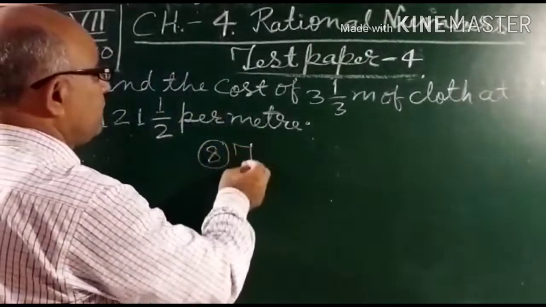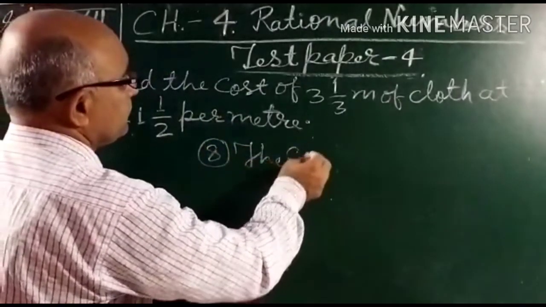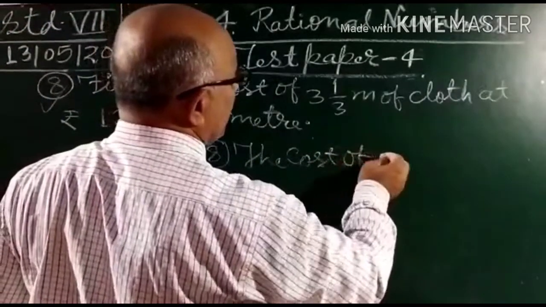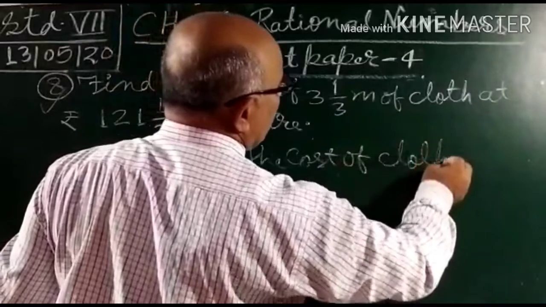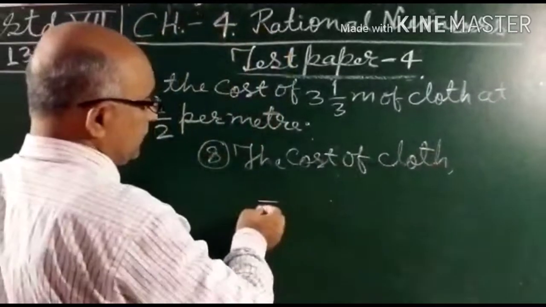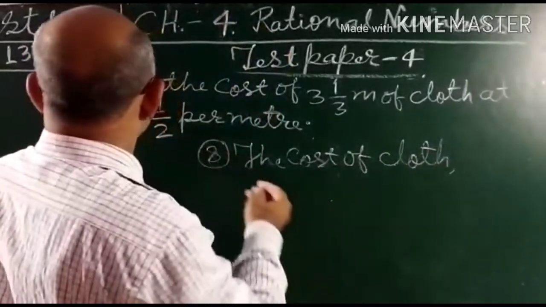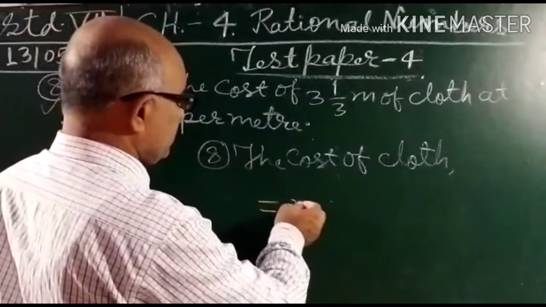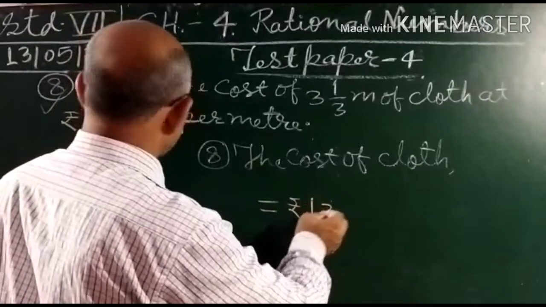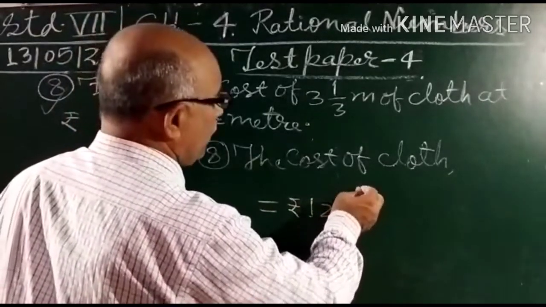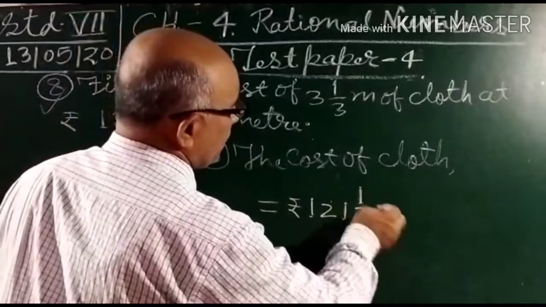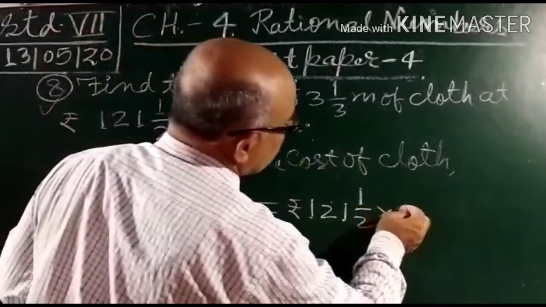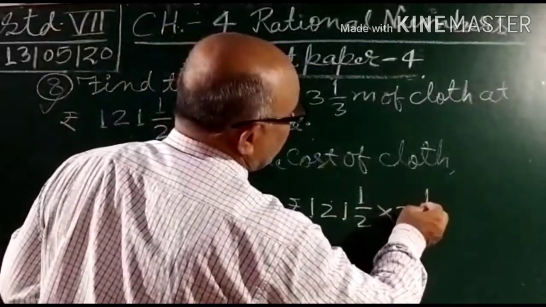The cost of cloth is equal to the rate per meter, rupees 121 whole 1 by 2, multiplied by the total length of cloth, 3 whole 1 by 3.